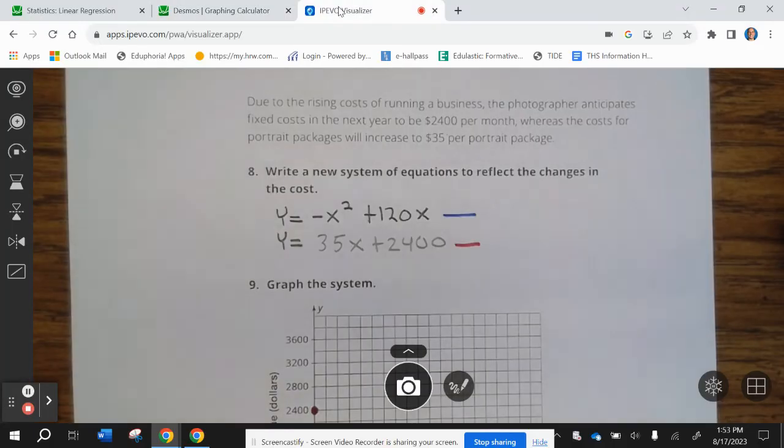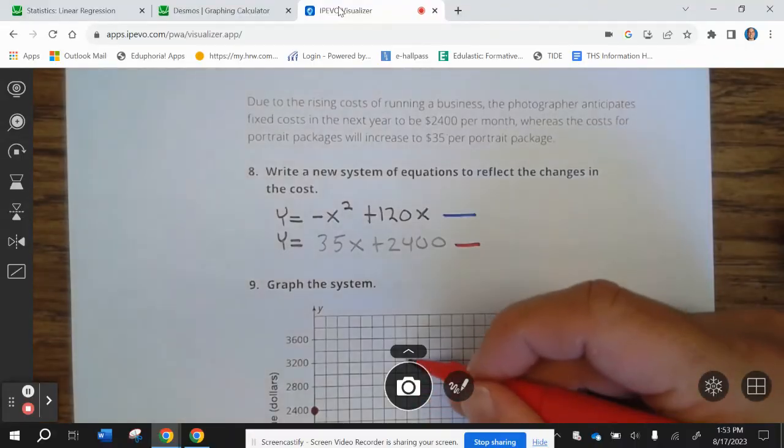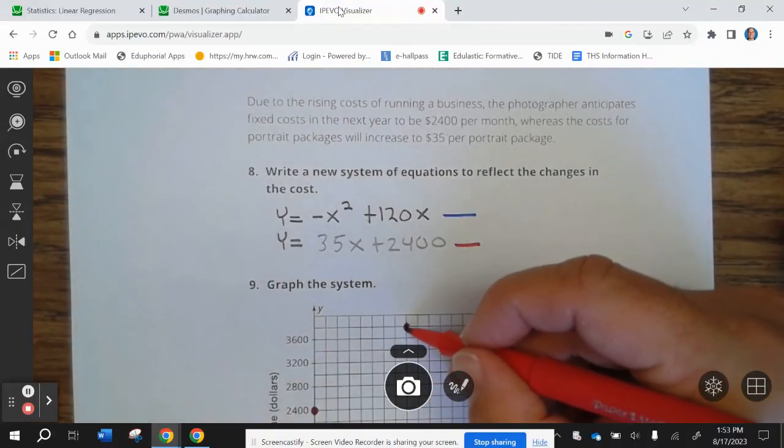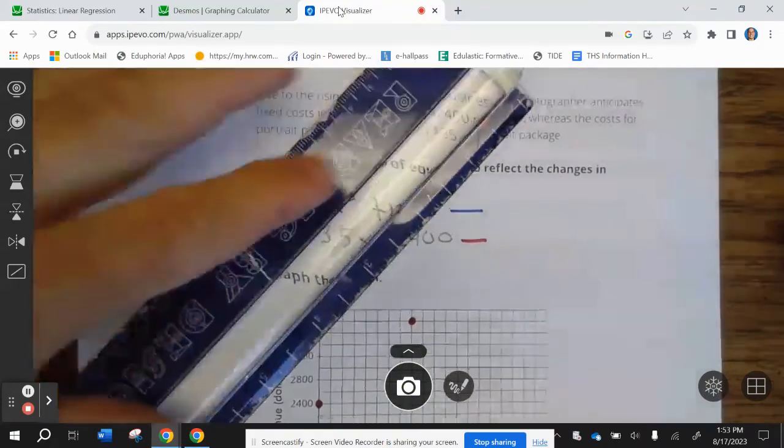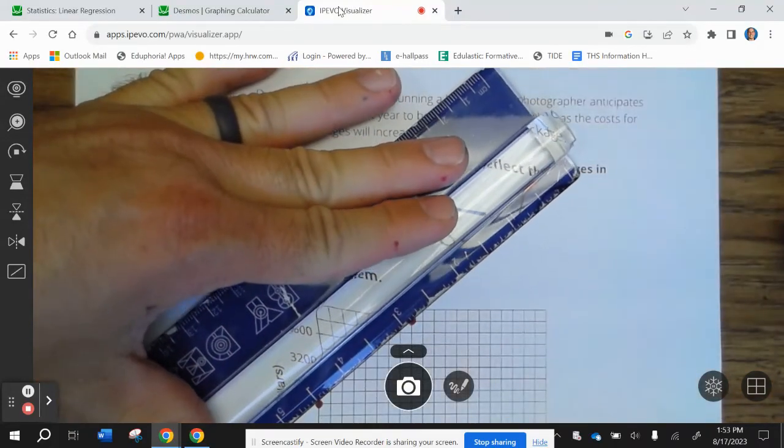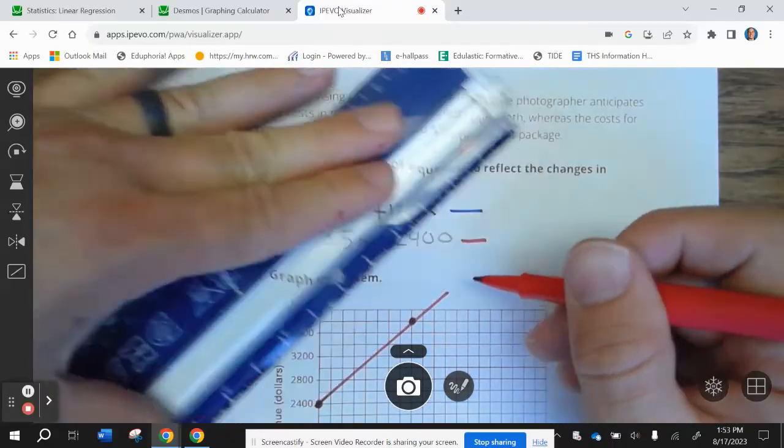Okay. So 40, 3,800 would be right here. Okay.